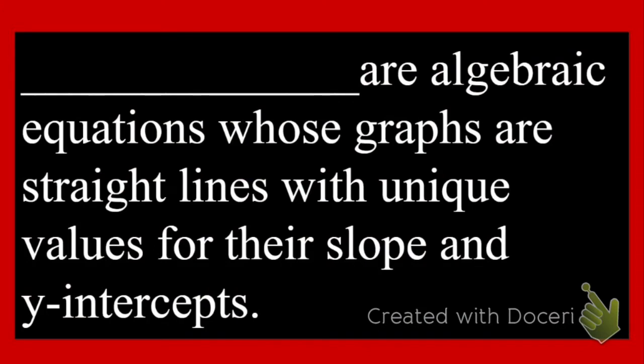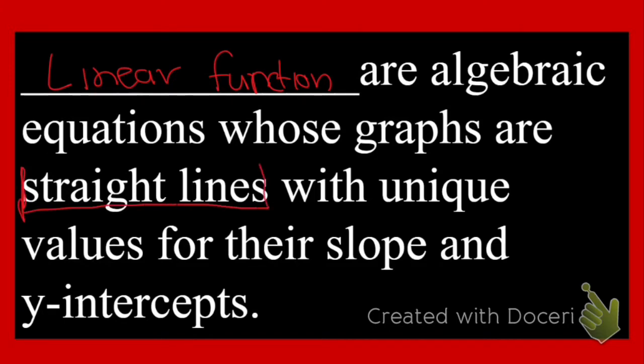With this first definition, we're going to say that a linear function... Linear functions are algebraic equations whose graphs are straight lines with unique values for their slope and y-intercept. So a key word that we're going to really focus on throughout this lesson is straight lines.